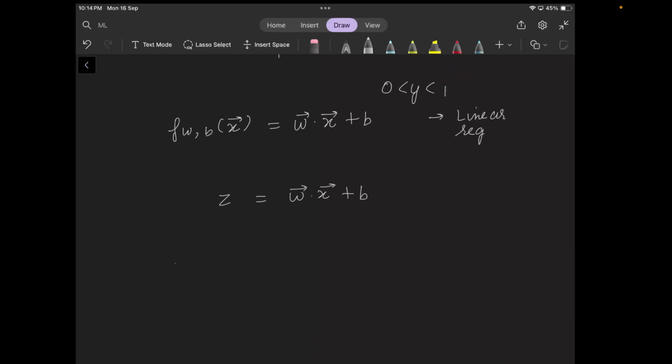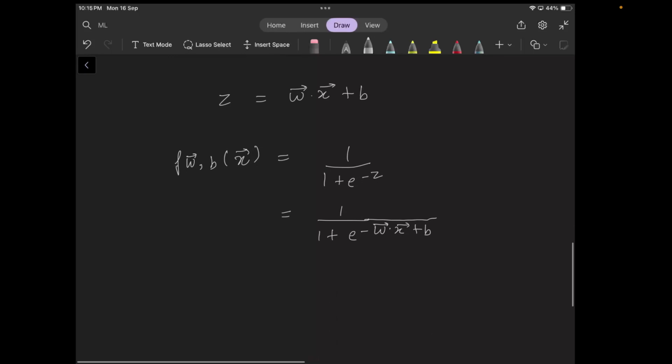Now we call f of w comma b of x to be the sigmoid function of z. So this would be 1 upon 1 plus e to the power minus z, where z is w dot x plus b. So this is the function for logistic regression.